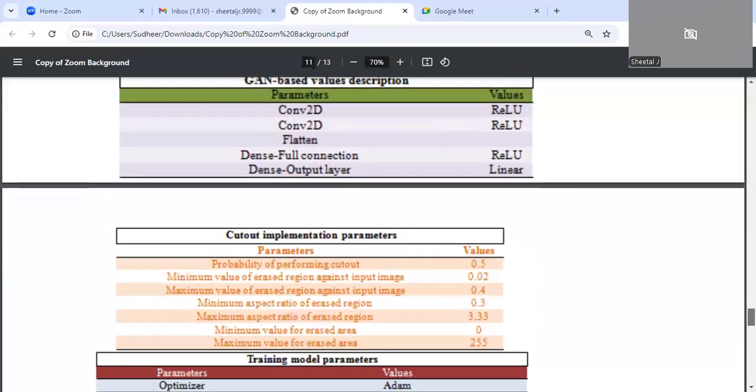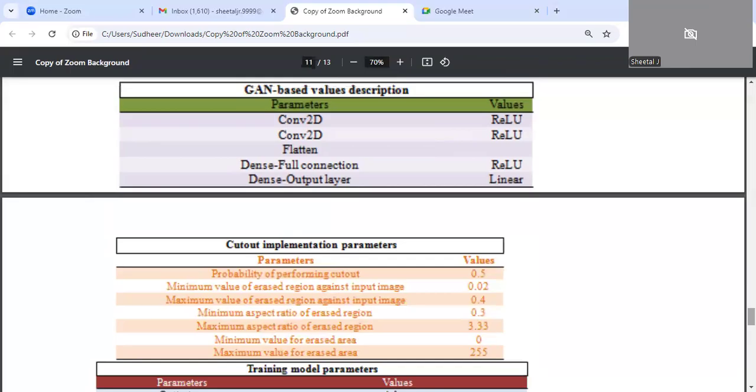Then in the cutout implementation parameters, the cutout value we are choosing is 0.5. For erasing the region of the input image, we choose a minimum value and a maximum value. For erasing the region, the minimum value is 0.02 and the maximum value is 40%, or 0.4.